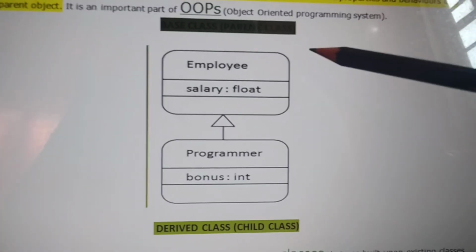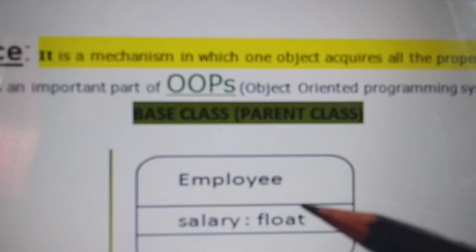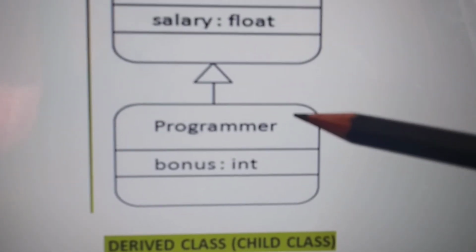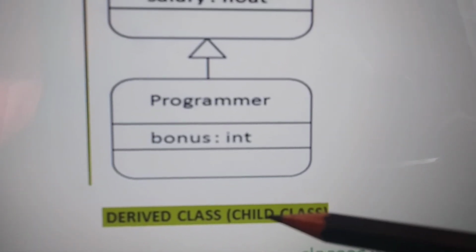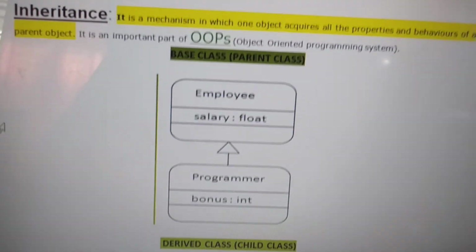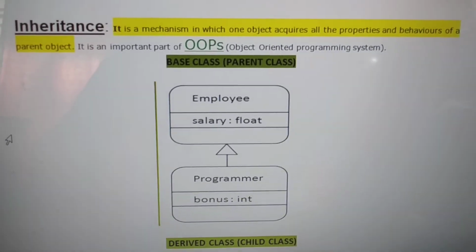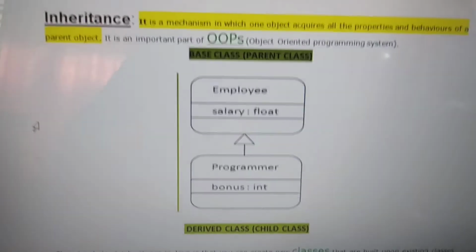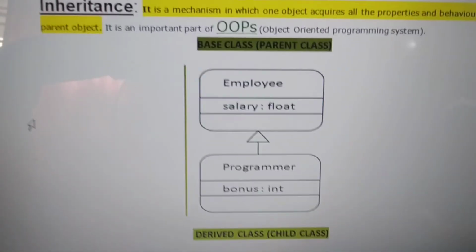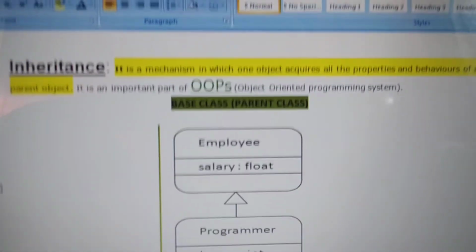Think of this as the base class. Employee is known as the base class or parent class, and this Programmer is known as the derived class or child class. So what are parent and derived? When the concept of inheritance comes in, suppose this Employee is the first class that has been created and has done its work, that has written its program.